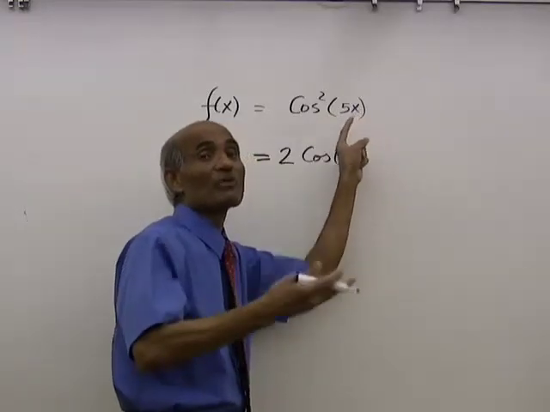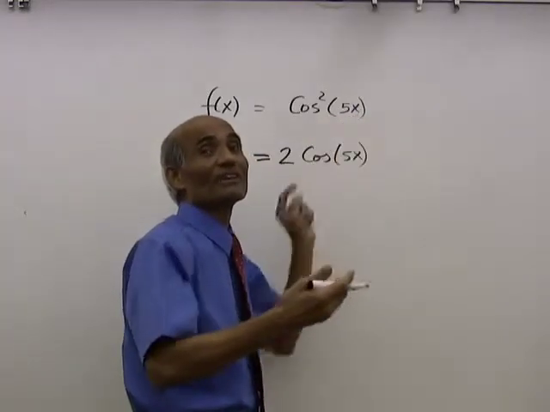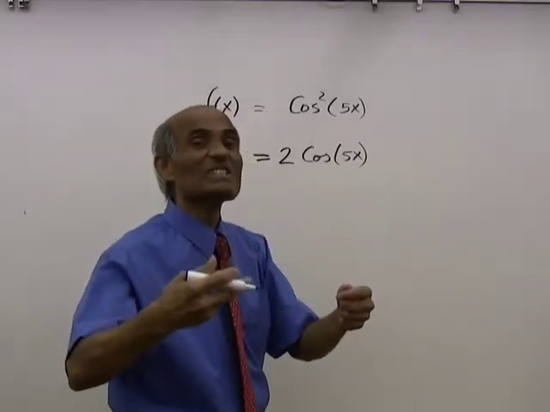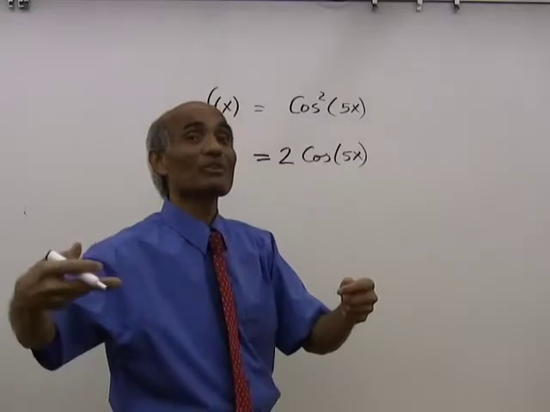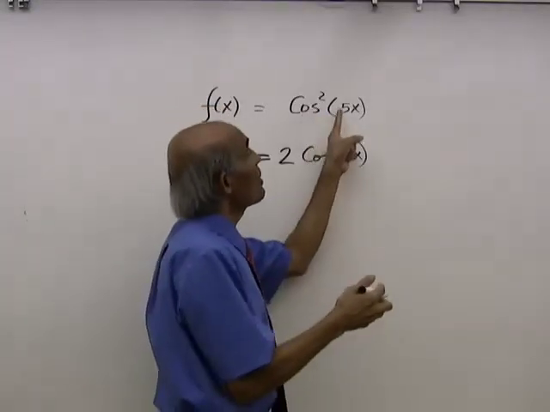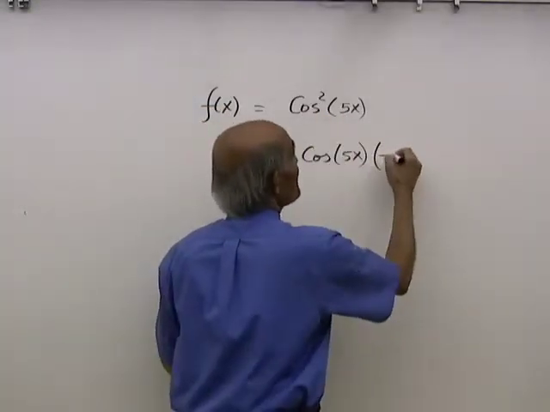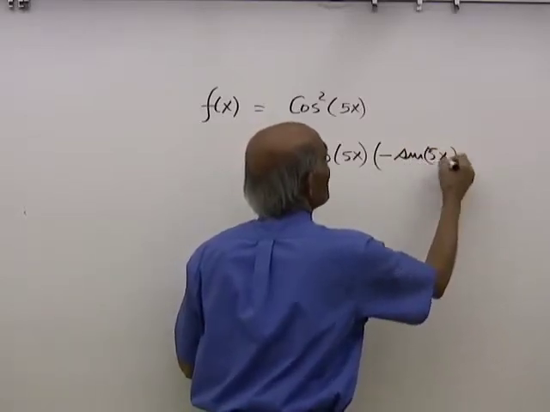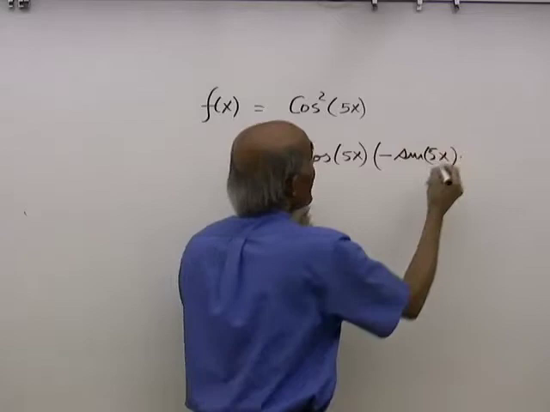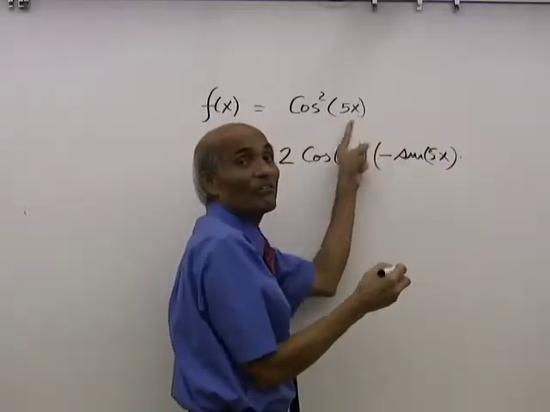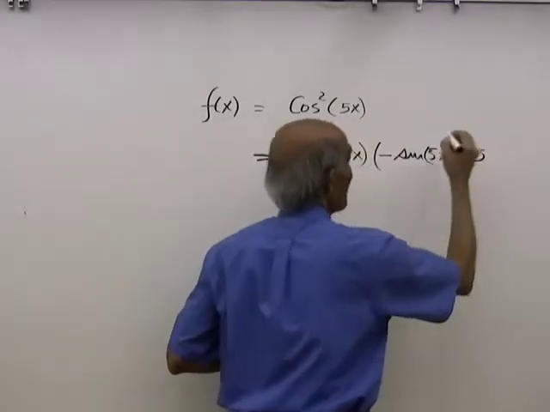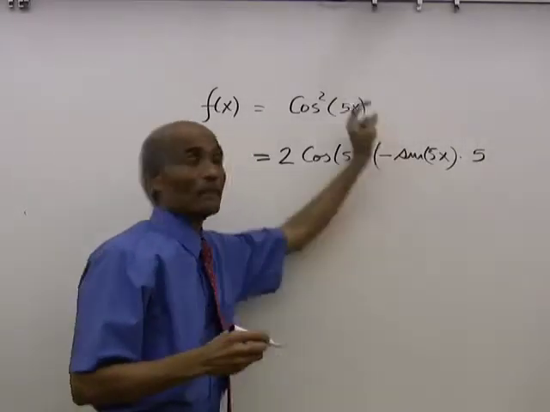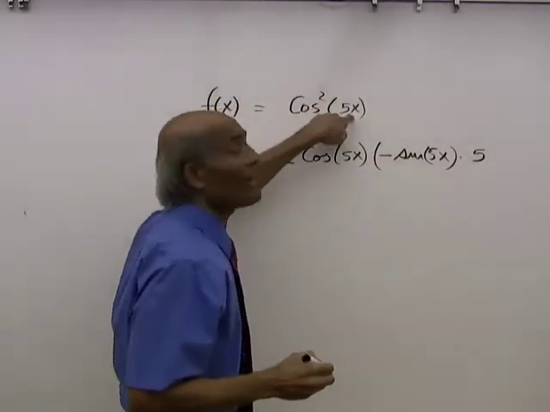What is the derivative of cos of 5x? The derivative of a cosine quantity is negative sine quantity. The derivative of cos of 5x will be negative sine 5x, it's not finished yet, times the derivative of 5x, which is 5. You see that chain going on? Cos squared 5x.